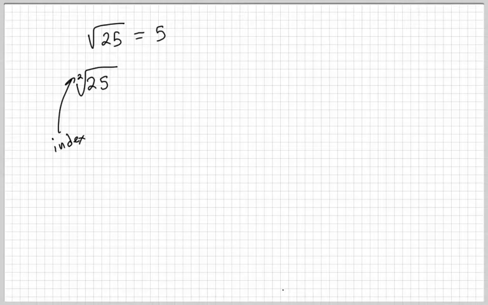That's one thing. Next thing is that there's a rule in algebra that says the nth root of x, with an index of n and a base of x, is equal to x to the 1 over n, where n, of course, is the index and x is the base.